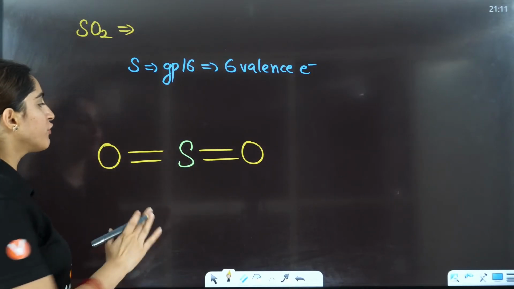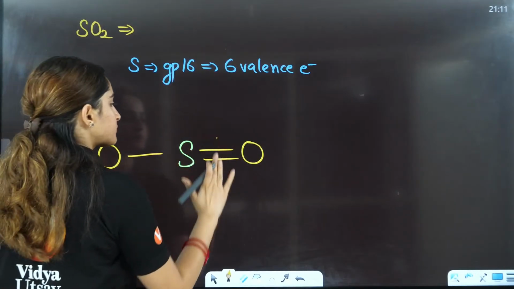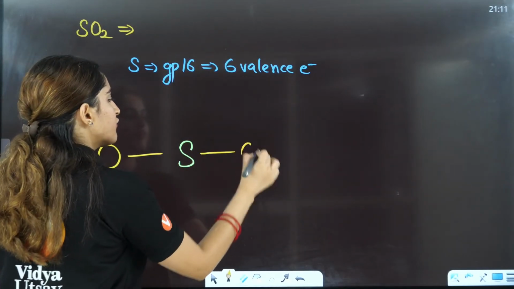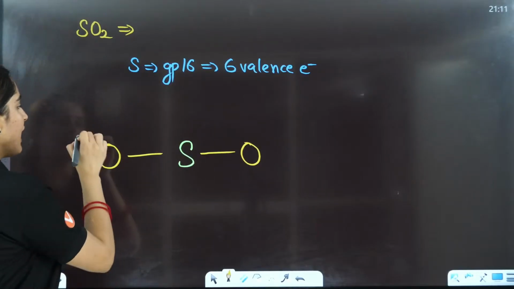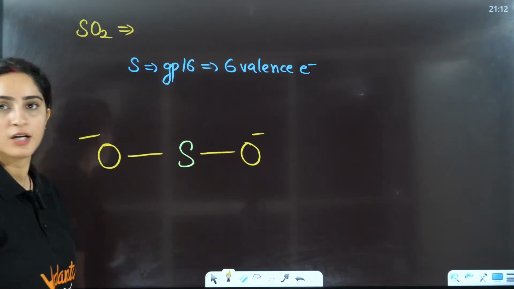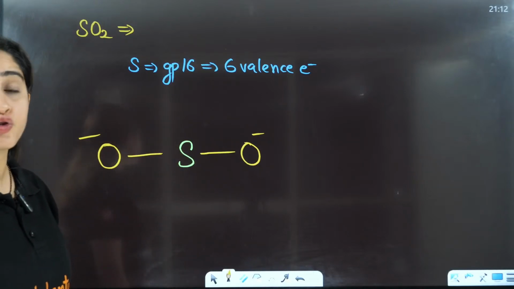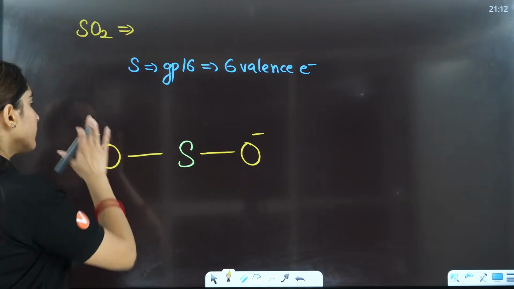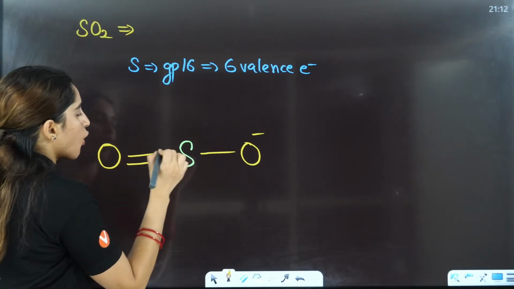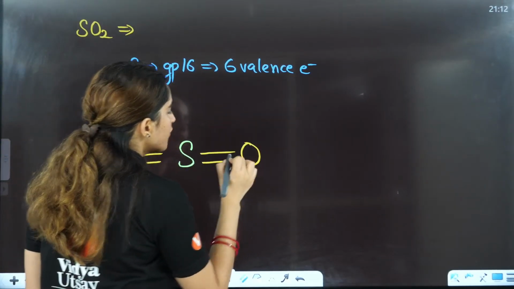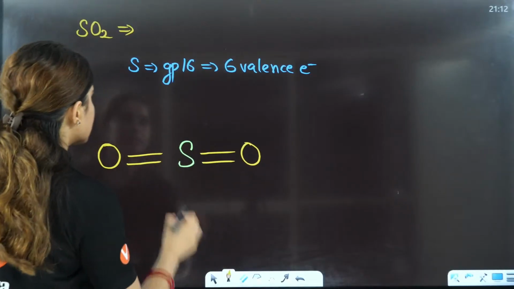Because oxygen, if you draw it like this, oxygen is definitely not happy here. Then oxygen will have negative here and negative here. But it is not SO2 with negative charges. It is SO2 simply, right? That means in that case, this oxygen and this oxygen should have double bond, right?